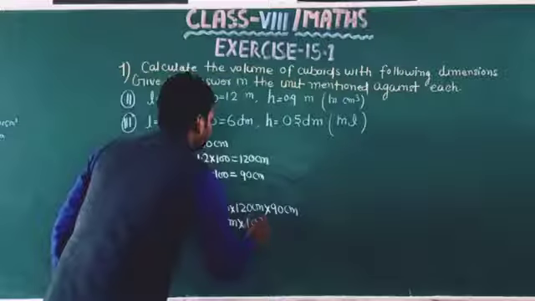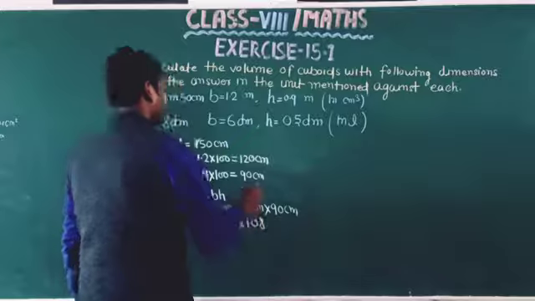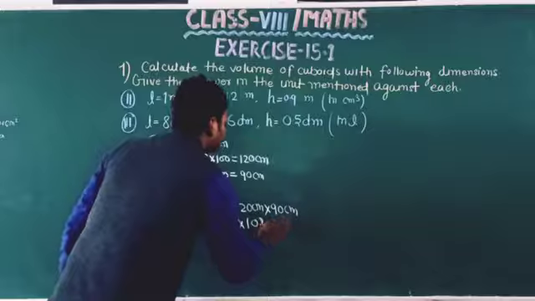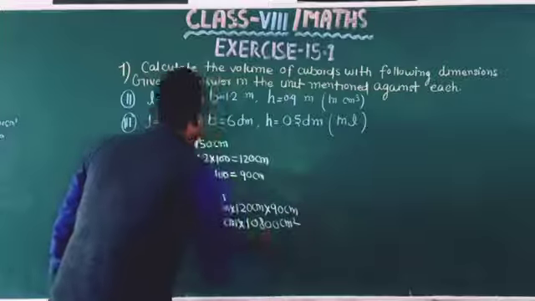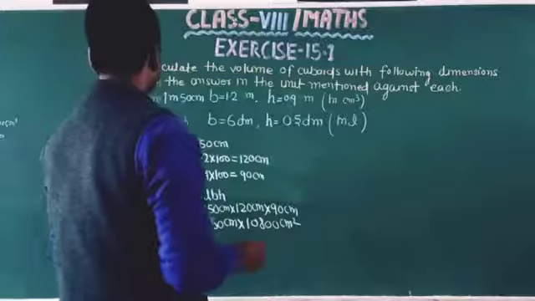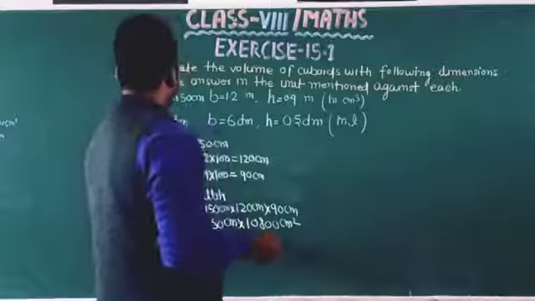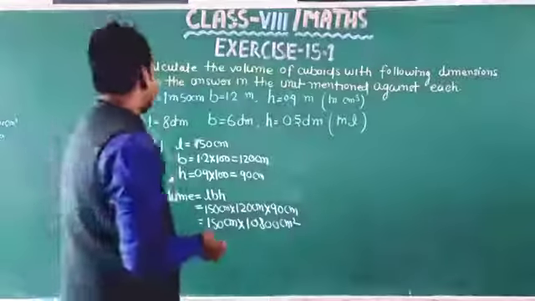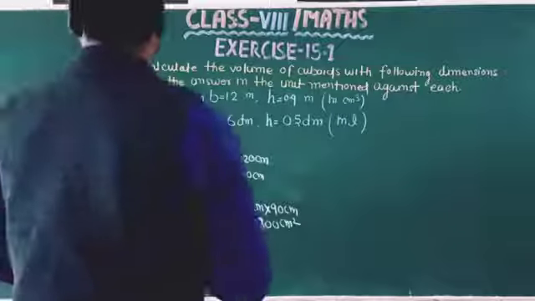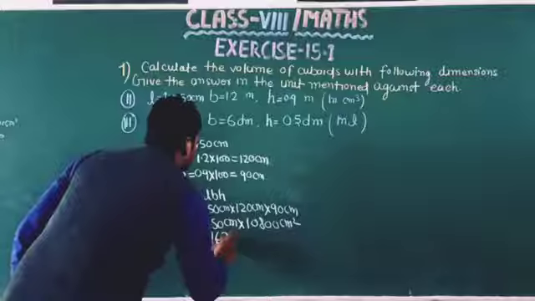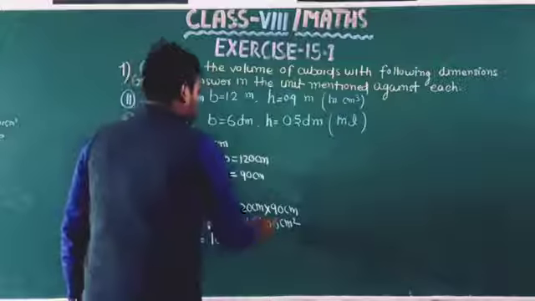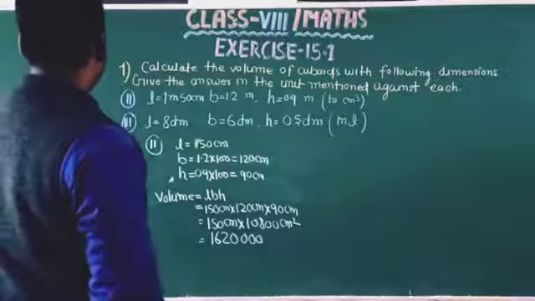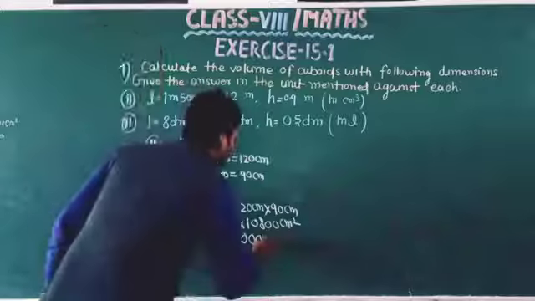This is 10800 centimeter square. Then 150 by 10800, so we will get 1620000 centimeter cube.